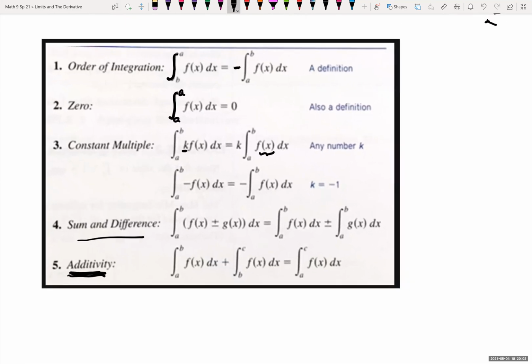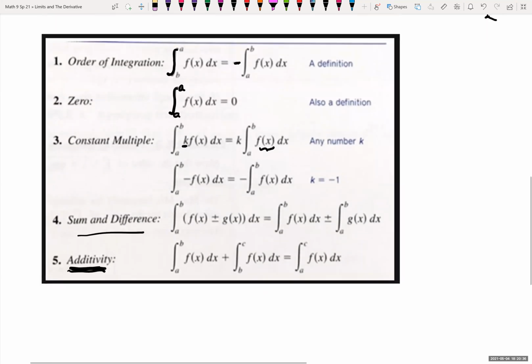And so doing that, we can say the integral from A to B of f of x dx plus the integral from B to C of f of x dx is equal to the integral from where I started to where I end, from A to C. These have to be the same. Okay, and so that's the additive property.